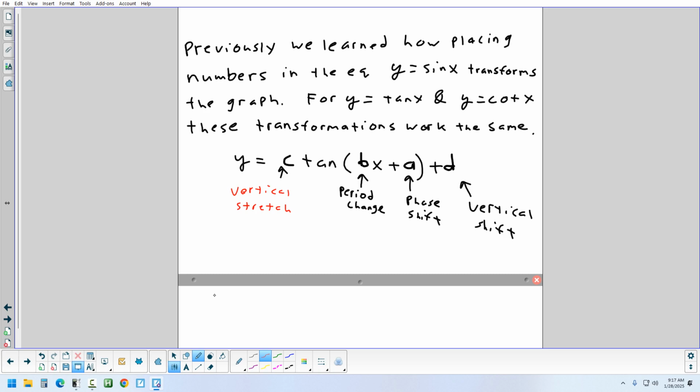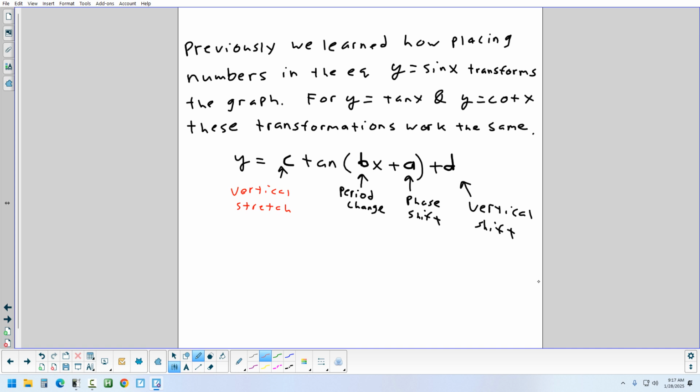Now when you were finding the period for sine and cosine, what was the formula that we used? It was a fraction. Yep, 2 pi over b. What do you think the formula to find the period for tangent and cotangent is going to be? Pi over b.